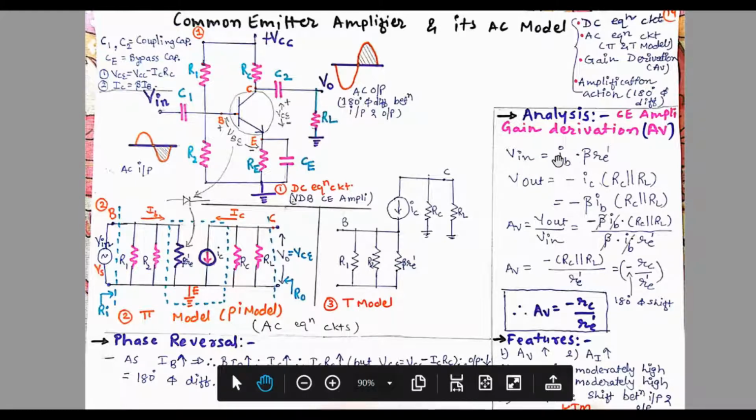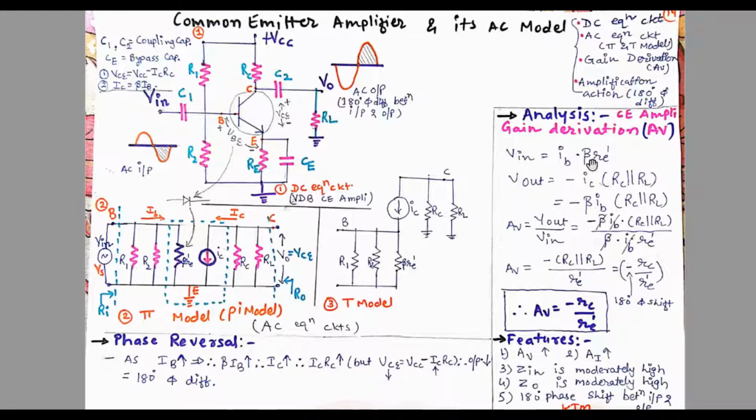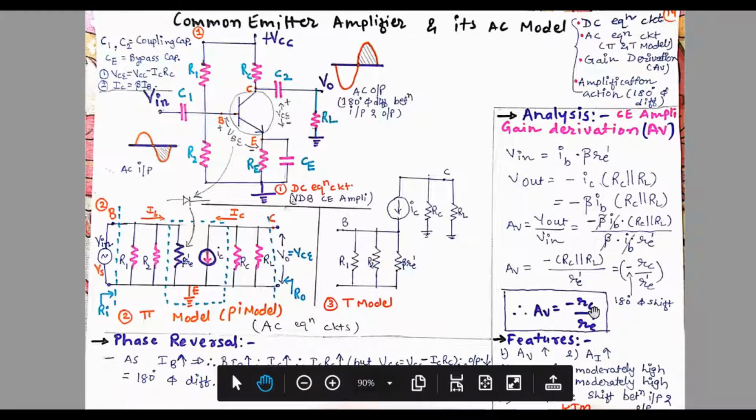We wrote the input and output voltage formulas from the pi model, using Ohm's law, I into R, with terminologies in small letters. Then we took the ratio of output voltage upon input voltage, cancelled out the terms which are the same, and finally wrote the final term of voltage gain. The answer is rc upon Re dash.